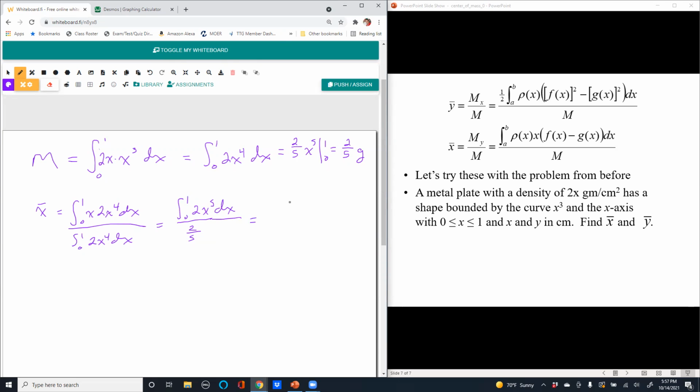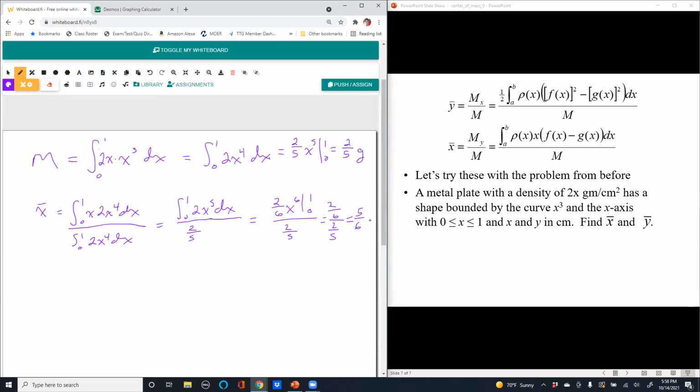Integrating here, we get 2/6 x to the 6th from 0 to 1, over 2/5. We could reduce that 2/6 if you want. Basically, we flip and multiply, and we get 5/6. Now we're talking about x bar.